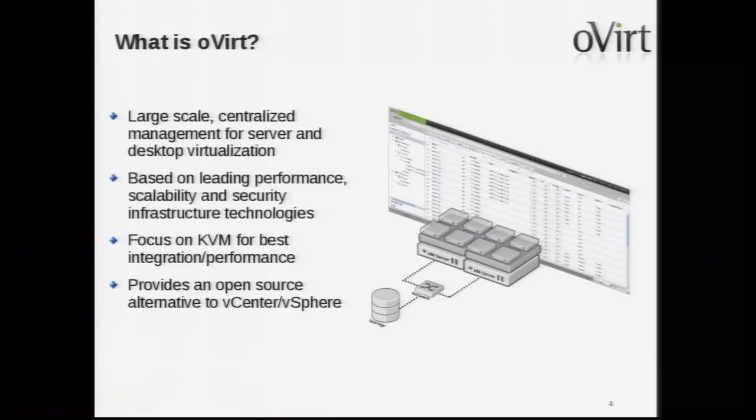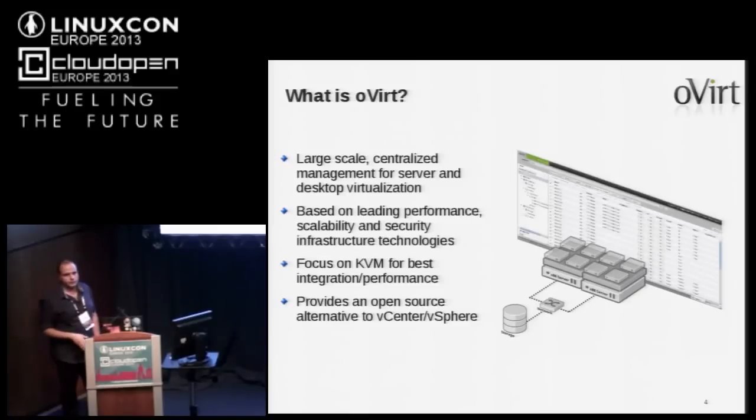So, are you familiar with oVirt? Everyone here? Who isn't familiar? Okay, so basically oVirt is a large-scale centralized management environment for desktop and server virtualization. Basically, it gives you a way to manage your data center based on leading performance, scalability, and security technologies.